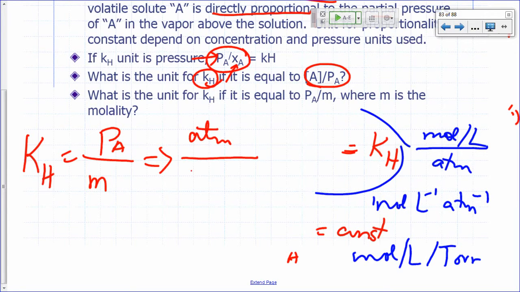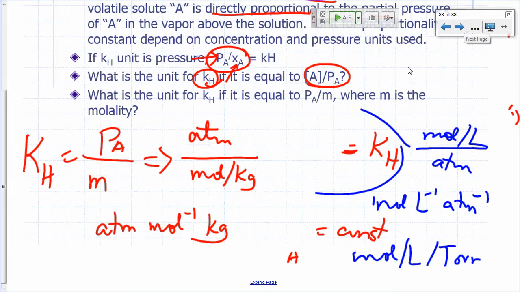What would be the unit for molality? Moles per kilogram, right? So that's one possible unit. Your Henry's law constant would be given in atmosphere per mole times kilogram. So just be aware of that when you're doing Henry's law problems. Keep track of the units because it tells you what the equation is that's being used.